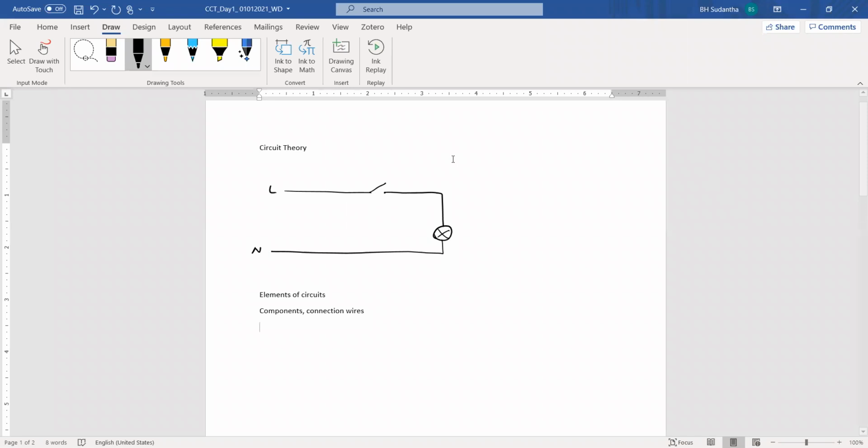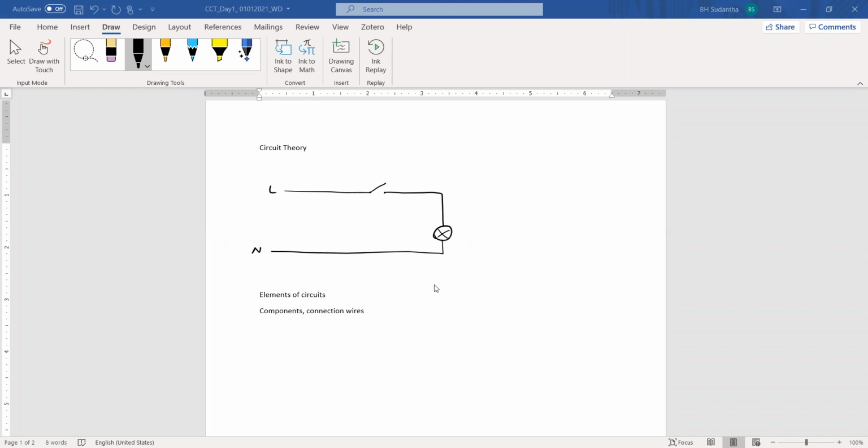The different components you can name: resistors, capacitors, diodes, transistors, ICs, switches, bulbs, relays, like that. Generally we can see certain components there to do different activities, to give different functionalities to the circuits, and to connect those components we have connection wires.